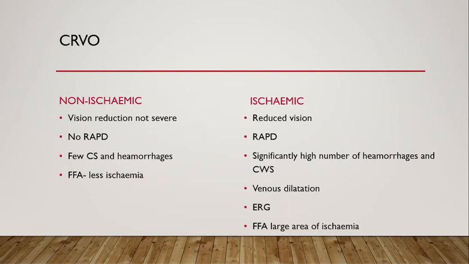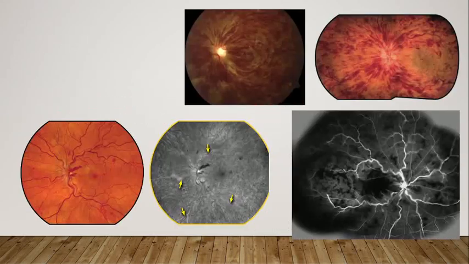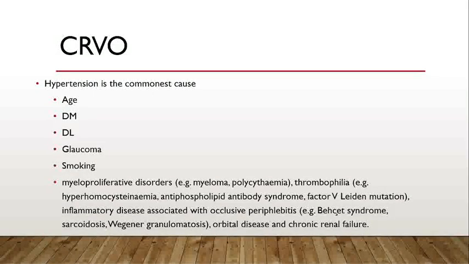Central retinal vein occlusion: there are two types, non-ischemic and ischemic, where ischemic is the worst type, where the vision is very much less compared to the other type. Afferent pupillary defect is much more there in the ischemic type, and more pronounced changes in the retina. Right, this is an extensive ischemic type, this is a non-ischemic type. This is the fluorescein angiogram.